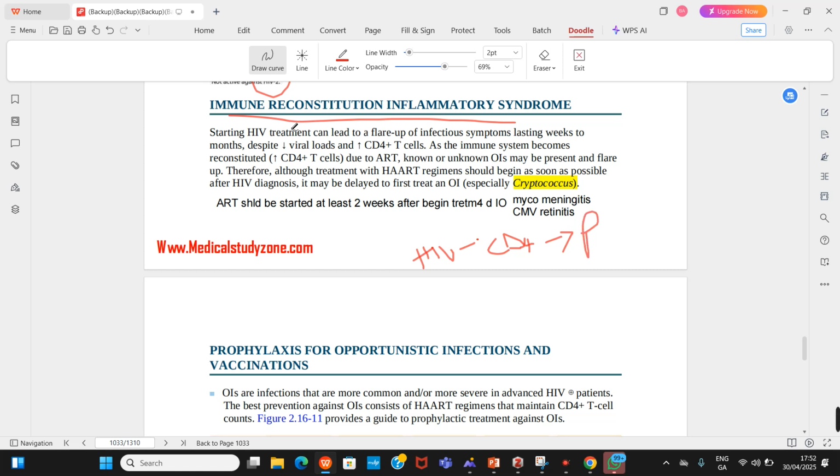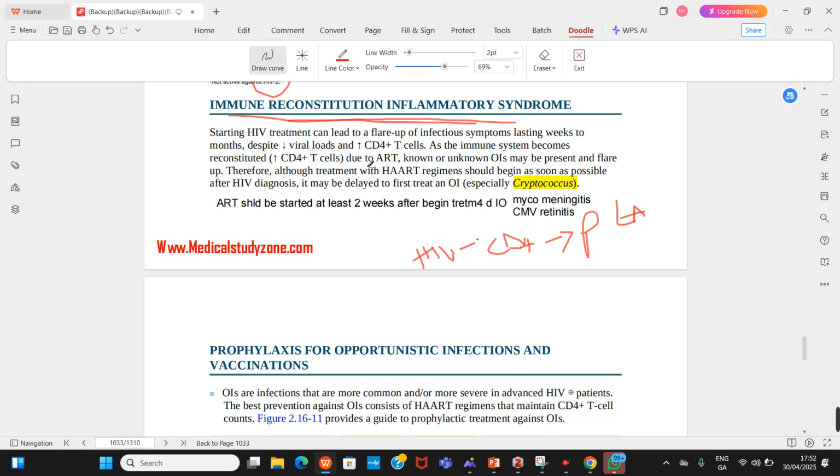That is immune reconstitution inflammatory syndrome. They can reactivate latent infections because of reconstitution of the immune system, and they can even allow some primary infection to occur in a way.